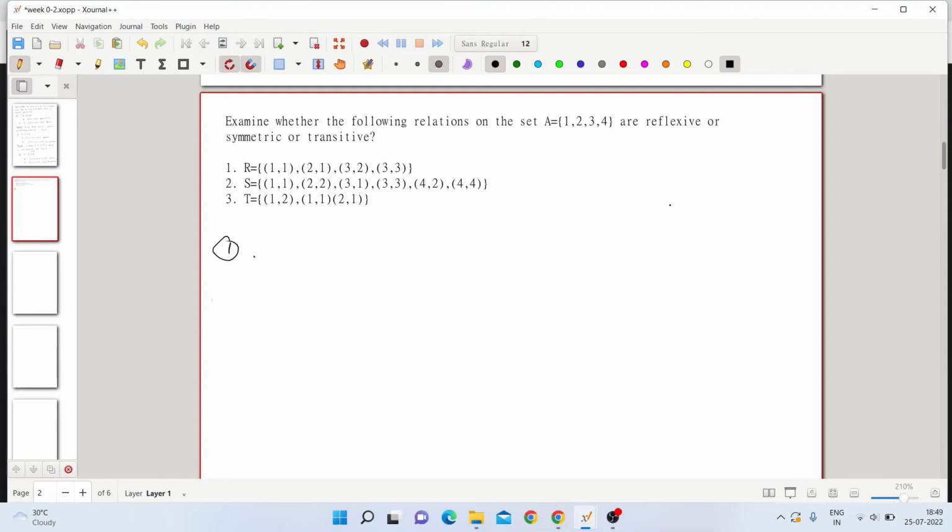So what does equivalence relation actually mean? A relation R should be reflexive, symmetric and transitive. If such a condition is satisfied, then we can say that R is an equivalence relation.